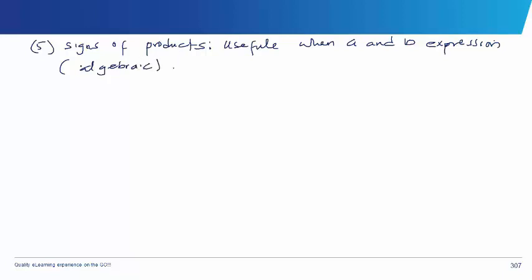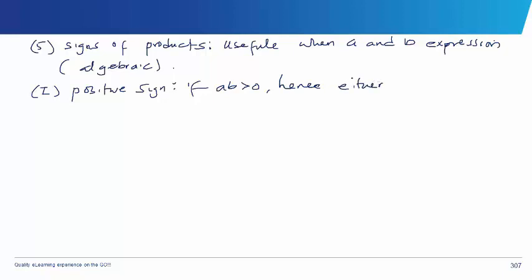The first rule states that for positive signs, if AB is greater than 0, then there are two things that can work out here.